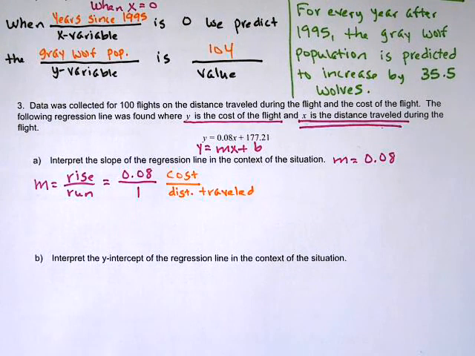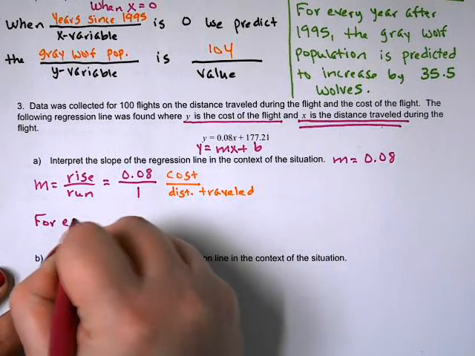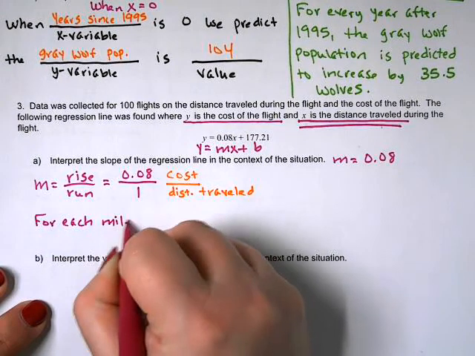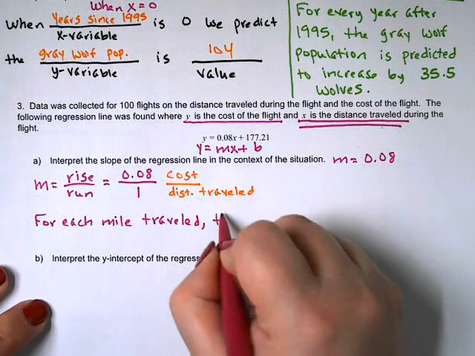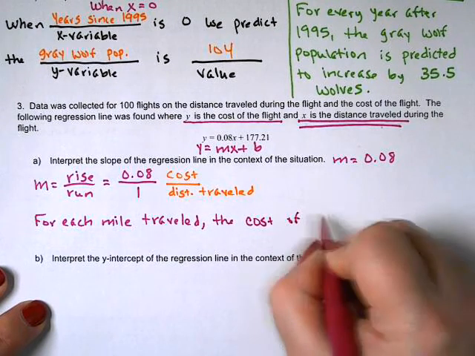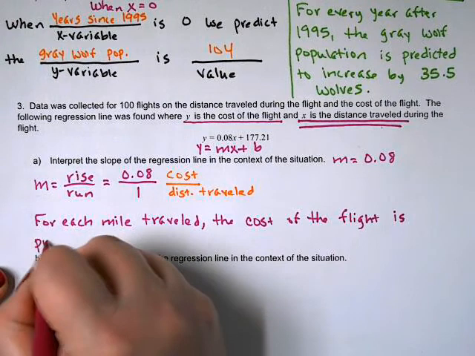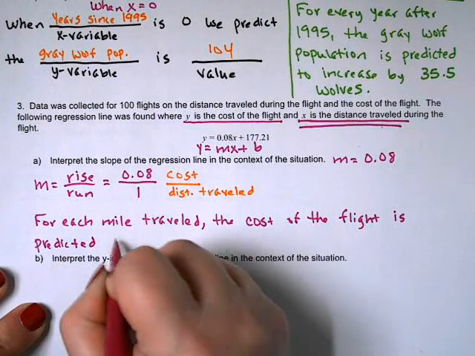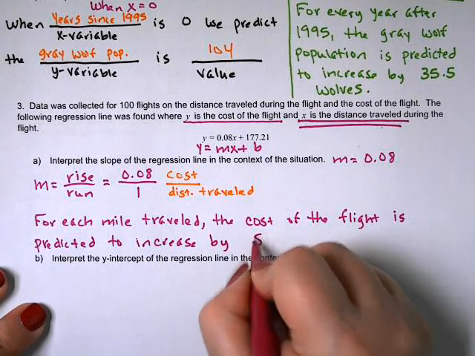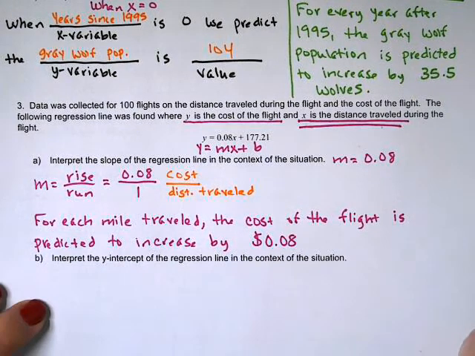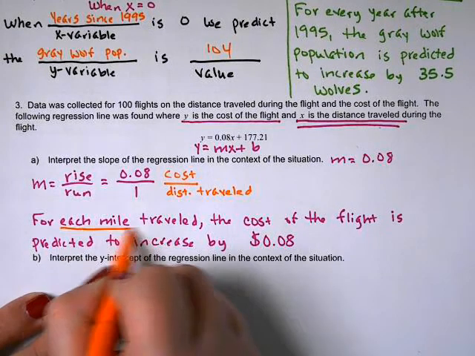So I think the sentence that I would write for this would say, for each mile traveled, the cost of the flight is predicted to increase by $0.08 or 8 cents.